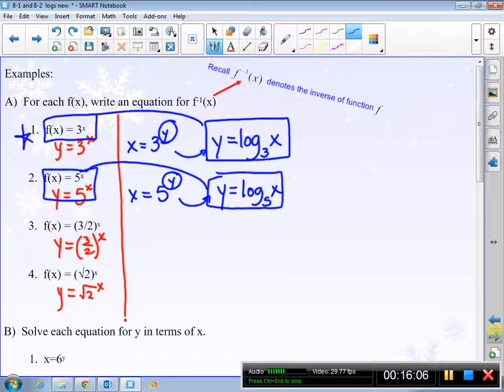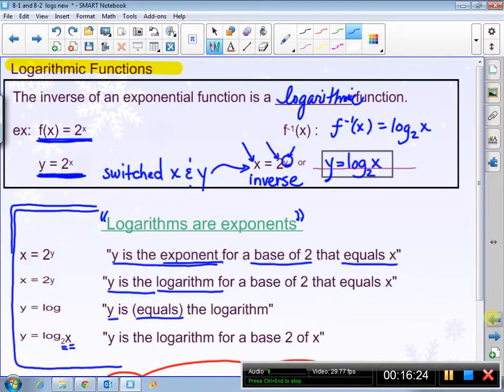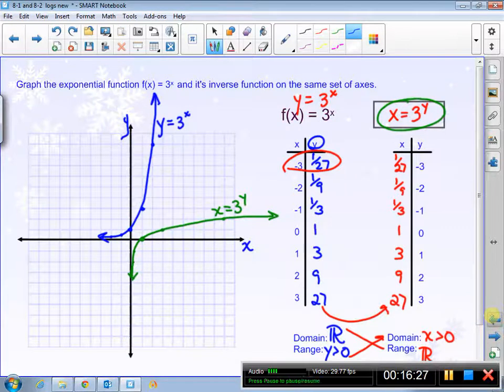Now this one, number 1, you graphed on the first page, and you graphed its inverse. So let's go back and relabel the graph. I think it's on page 2. There we go.